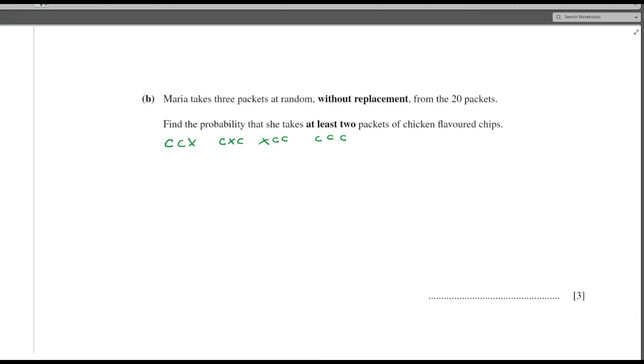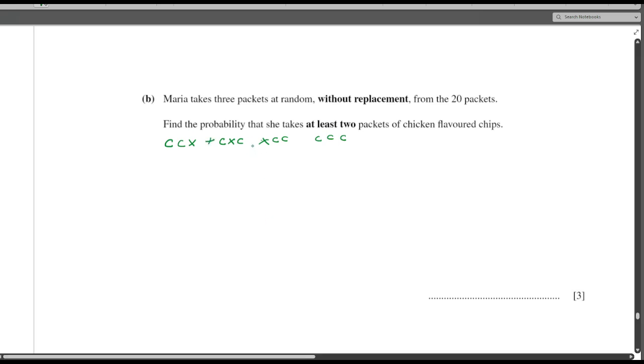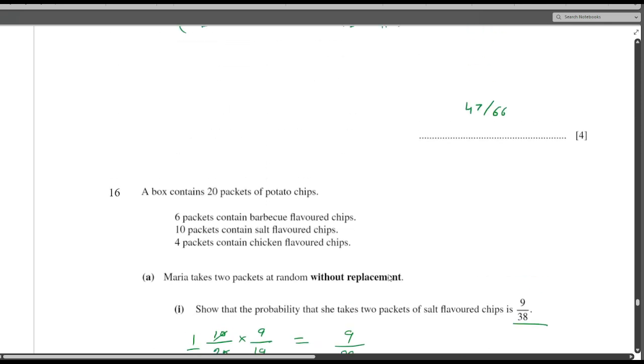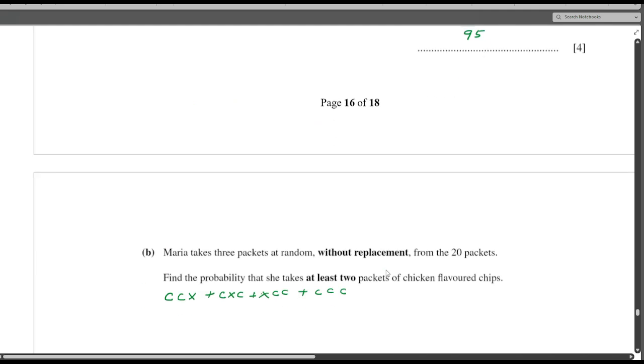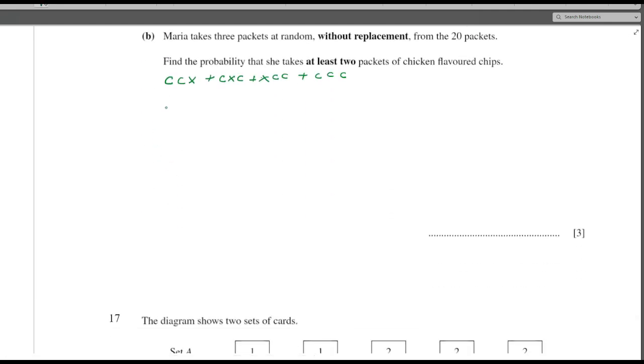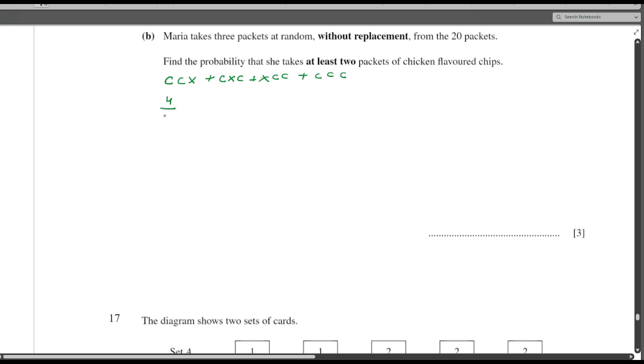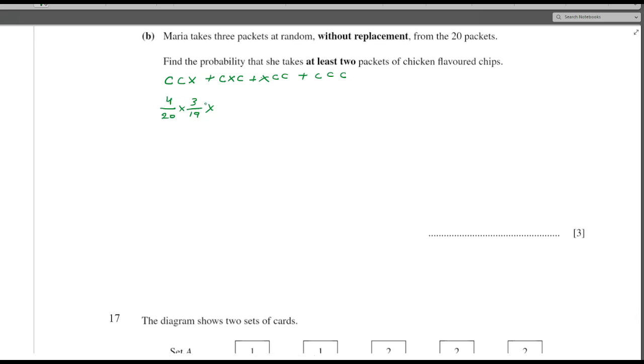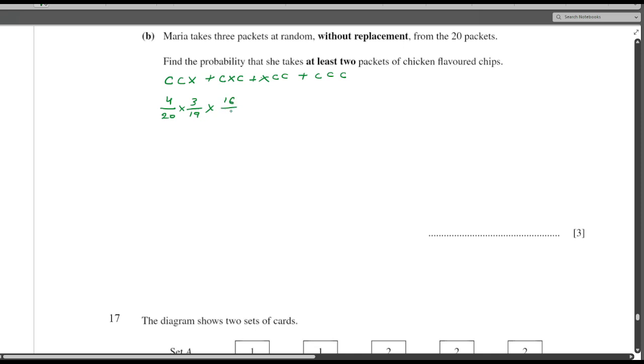Now I will add all these probabilities. For chicken, out of 20 there are 4 such packets, so it will be 4 divided by 20 times 3 divided by 19. Now out of 20, if 4 are chicken flavored, then 16 will be of some other flavor, so it is 16 divided by 18.